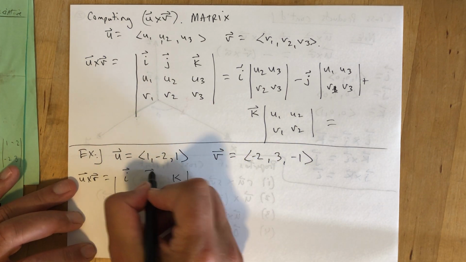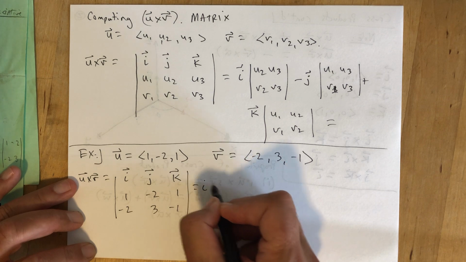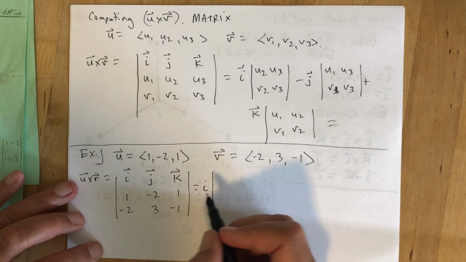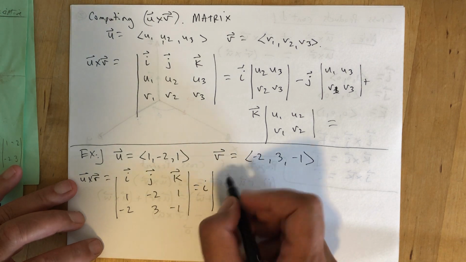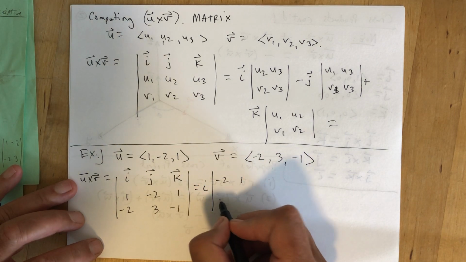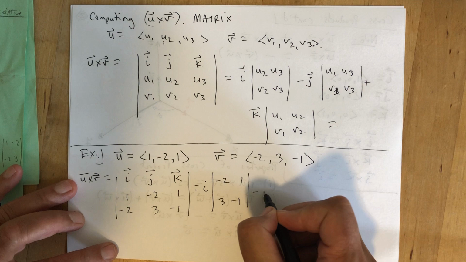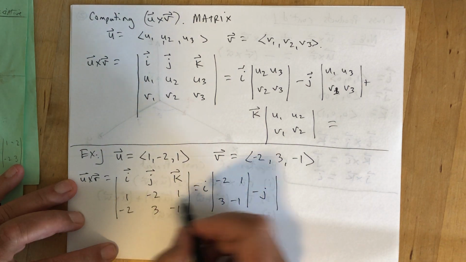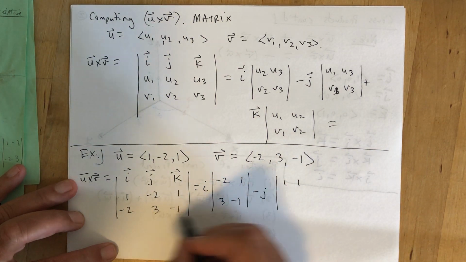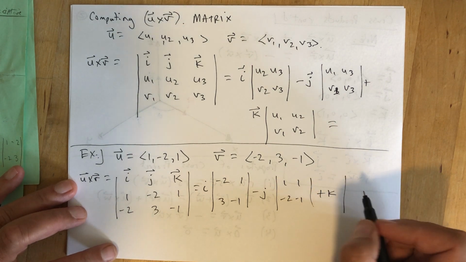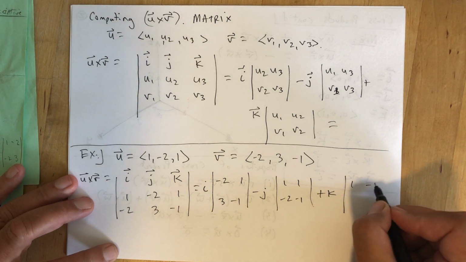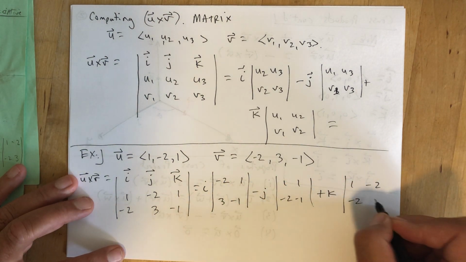These are vectors. So it's i times the determinant of this thing, so minus 2, 1, 3, minus 1, minus j, 1, 1, minus 2, minus 1, plus k, 1, minus 2, minus 2, 3.